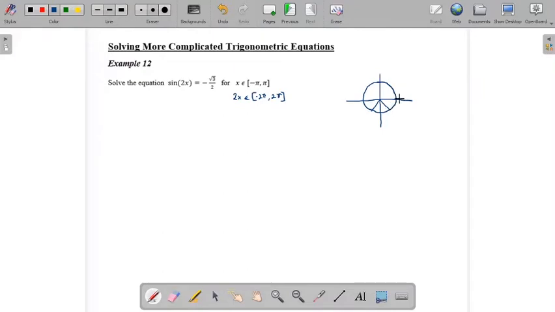Now let's think about where we are in terms of domain. So we're at 0, but then we've got to go to negative 2 pi. So winding negative, there's negative 2 pi here. And then we start going in an anti-clockwise direction, which is our positive direction. So we're at negative 2 pi, we're going around, that gets to negative pi. So from negative 2 pi to negative pi, there's no solution.